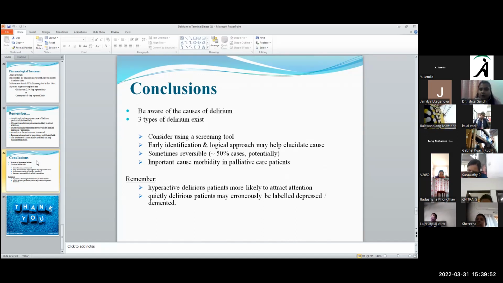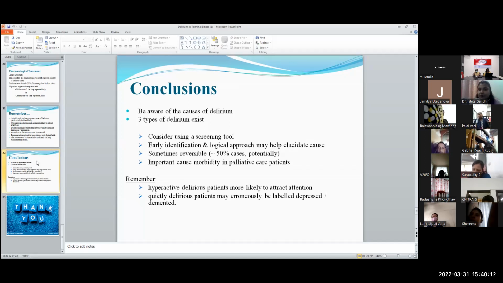Hyponatremia or dehydration can be reversed. So a number of causes can be reversed. Pay attention to the causes of delirium. Consider using the screening tool for proper assessment of delirium. Early identification is very, very important and essential for maintaining a good quality of life for our patients.